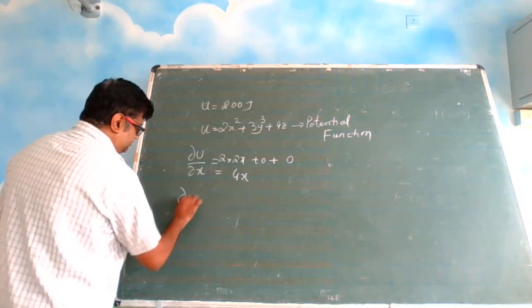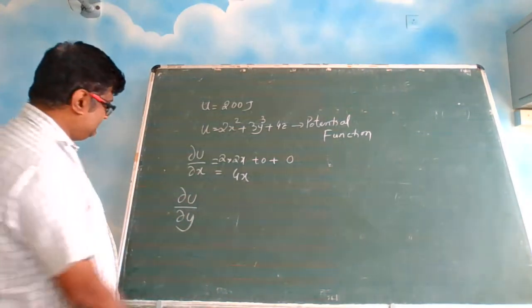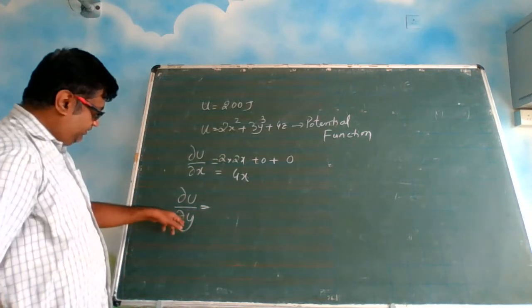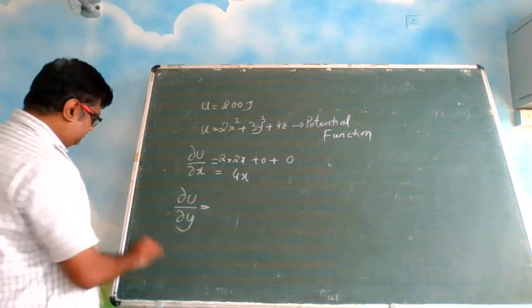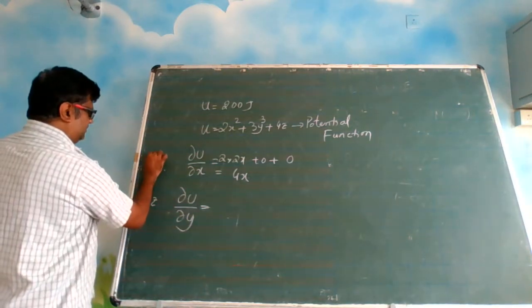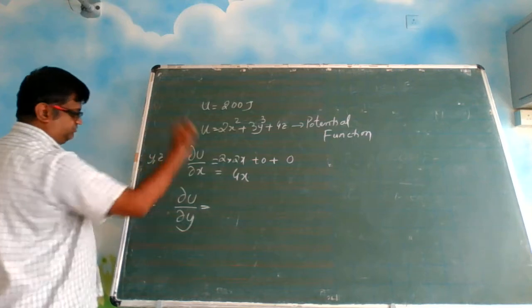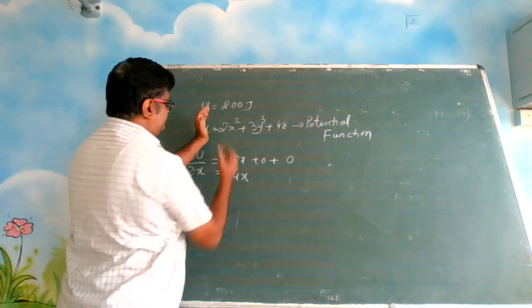Now next we will find out dou u by dou y. Okay. When you are differentiating with respect to y, treat x and z as constant. Here what happened? x and z constant. So differentiating with respect to y, this term has become constant.